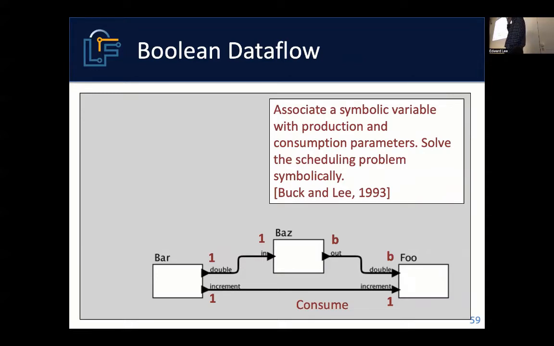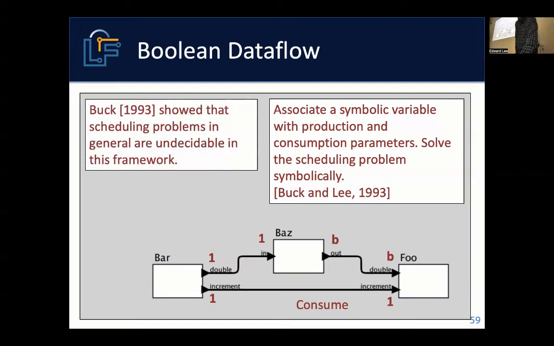Or you can show that if, for example, this had a different variable Q that didn't have any relation to B, then you could show that there are assignments of values to B and Q such that the program will require unbounded memory. Okay. But you can write down this system of equations symbolically. So that was an extension of this model that we did in 1993.